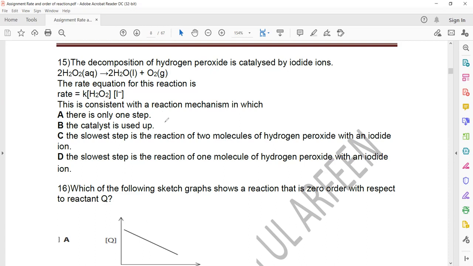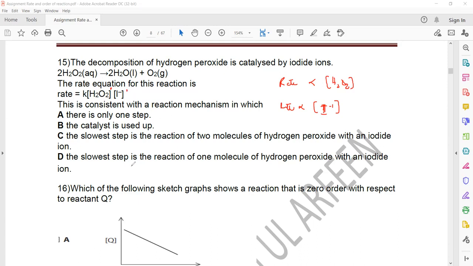C or D? According to the rate equation, the rate is proportional to the concentration of hydrogen peroxide and proportional to the concentration of iodide, because it's first order with respect to hydrogen peroxide and first order with respect to iodide.